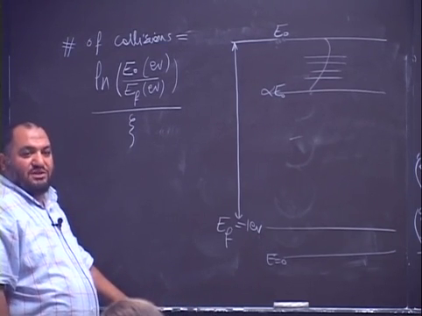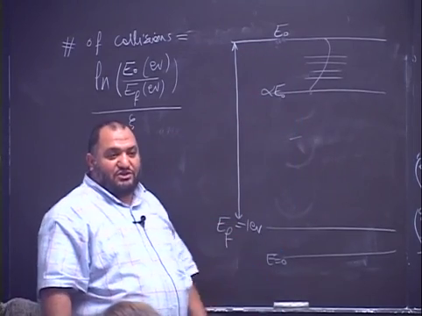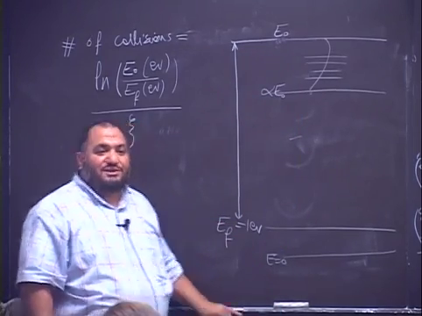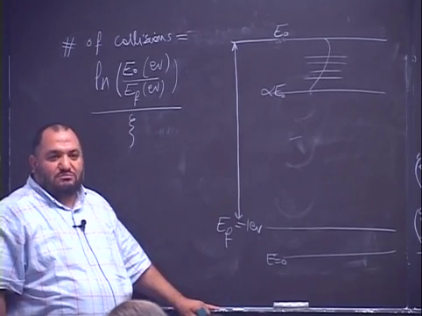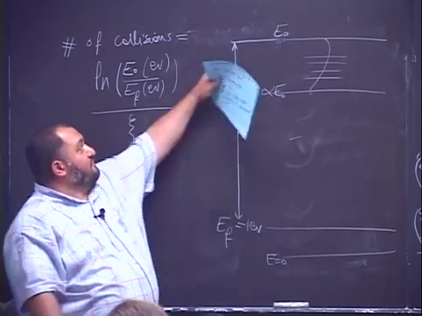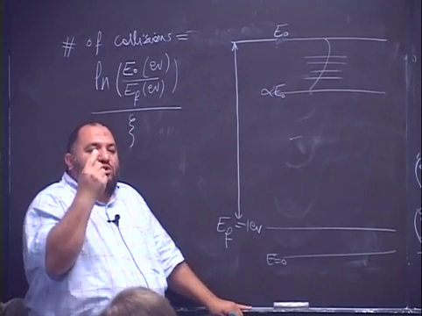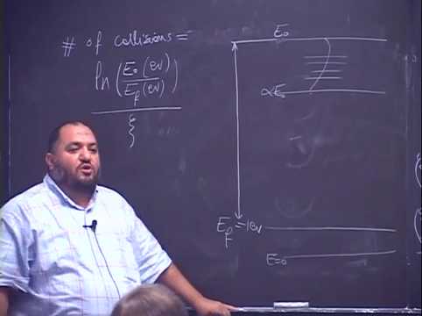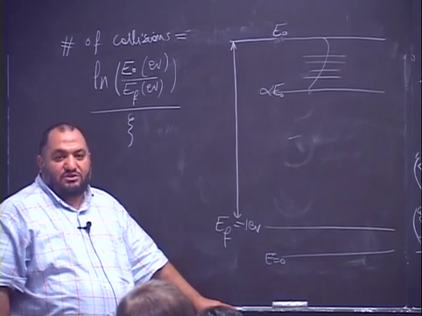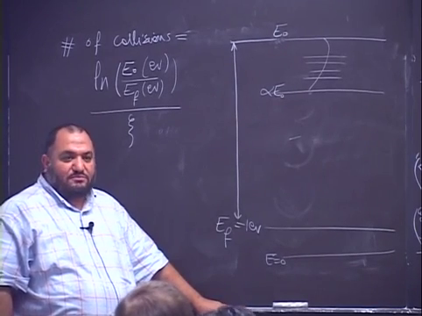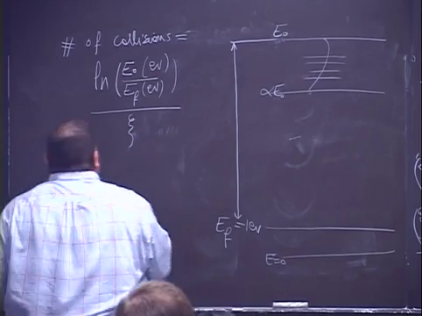So this is the logarithmic difference between the initial energy and the final energy. If you divide this by the logarithmic decrease in one collision, this will give you how many collisions you need to reach the final energy from the initial energy. Did you get it? Did you understand? So if you divide this by this, this will give you the formula.